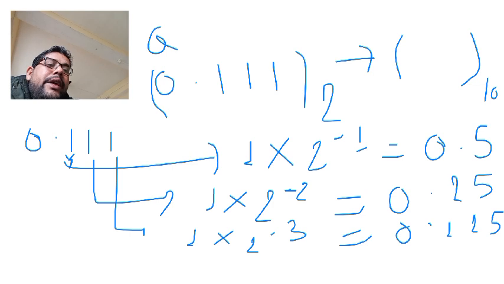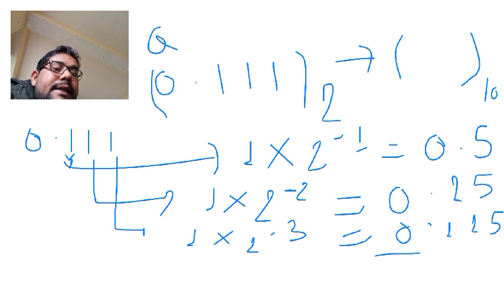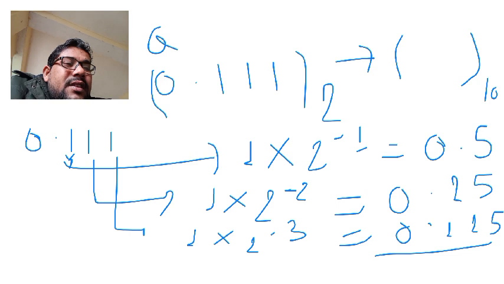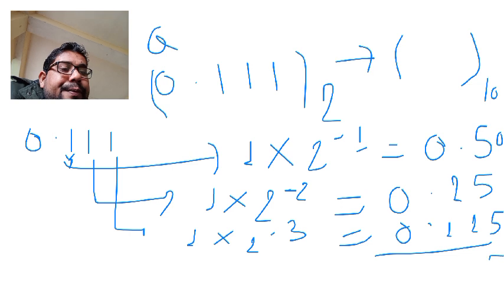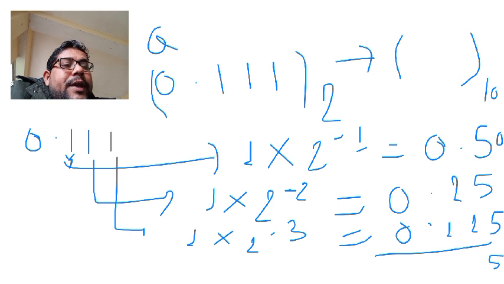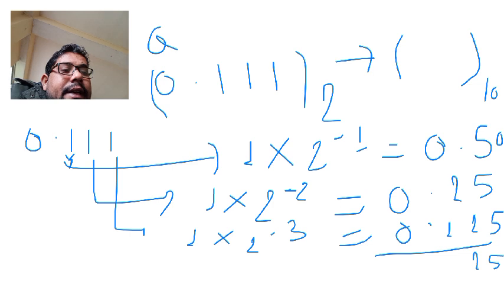Add these numbers: 0.5, 0.25, 0.125. If you add these numbers, you can also write a 0 here for adding. 5 plus 5 is 10, plus 2 is 12, carry is 1.